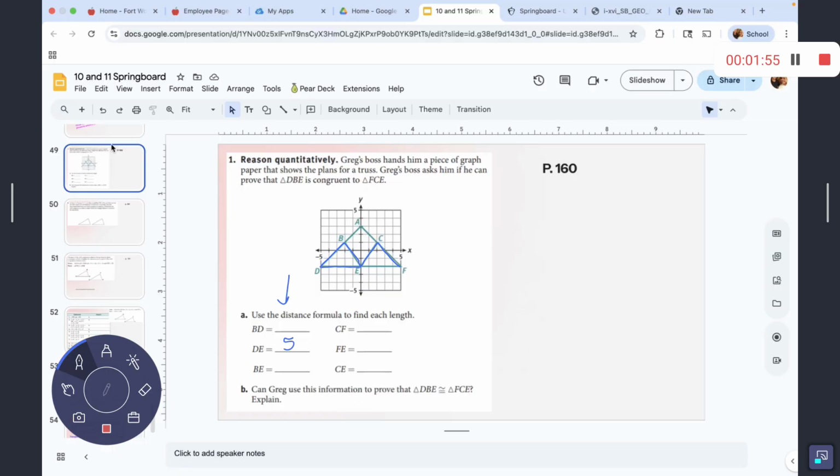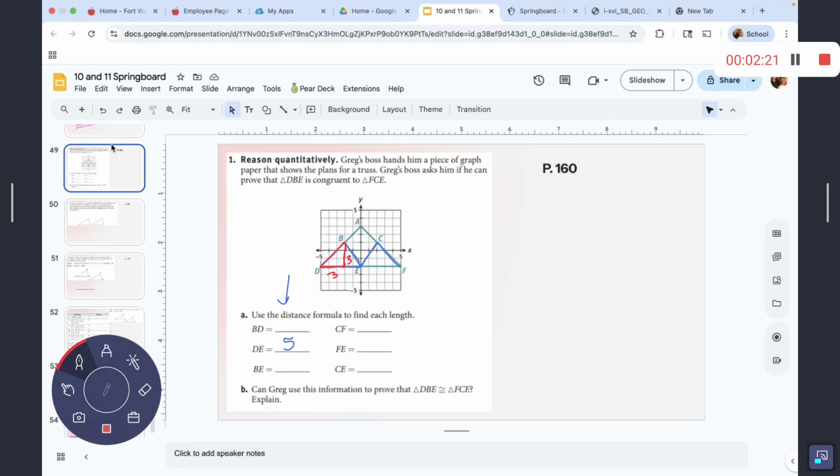Okay, and then for the other ones, and again, we're not using a calculator right now. We're going to find this distance from these distances. Okay, so 1, 2, 3, and then 1, 2, 3.